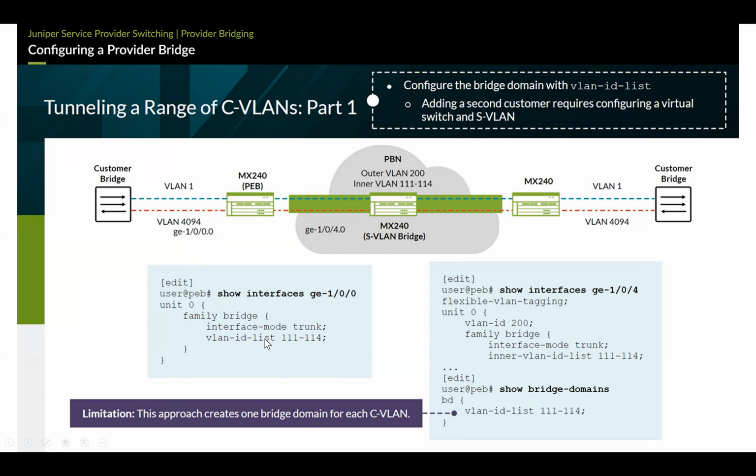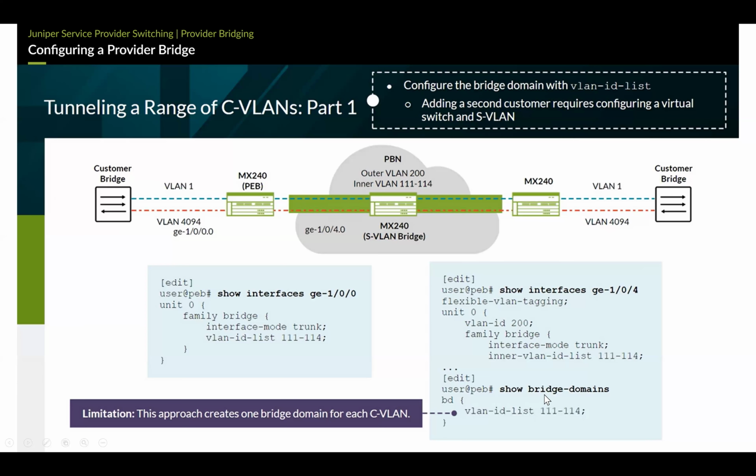If you see the other interface, 1/0/4, it will be flexible VLAN tagging, unit 0, VLAN ID 200. This VLAN ID is basically the outer VLAN, and the inner VLAN ID list will be the customer forwarding VLAN list. And this is the bridge domains.